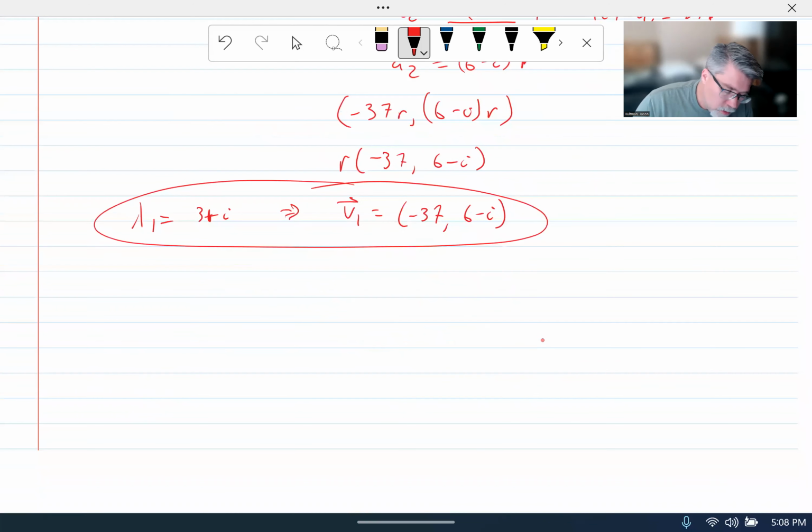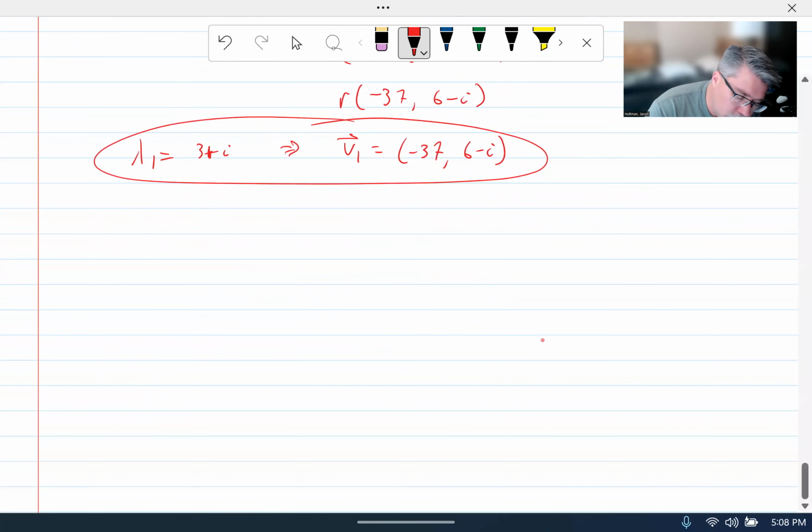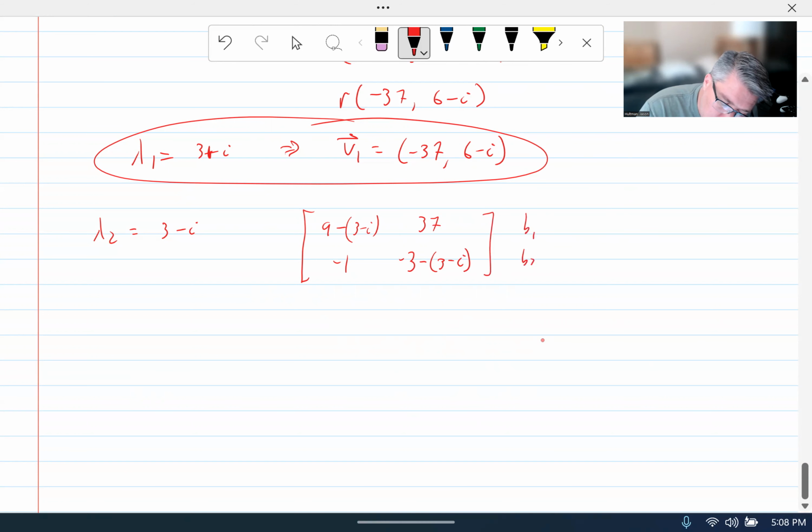Now let's just do eigenvalue 2, which is 3 minus i. So that's going to be 9 minus lambda, which is 3 minus i. I would get negative 1, 37, and negative 3 minus 3 minus i. And let's do b1, b2 this time for lambda 2, and that's equal to 0, 0.